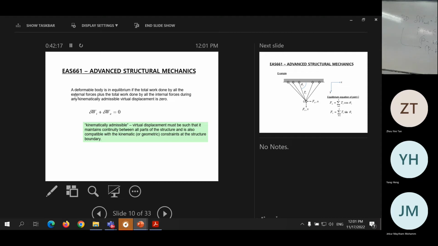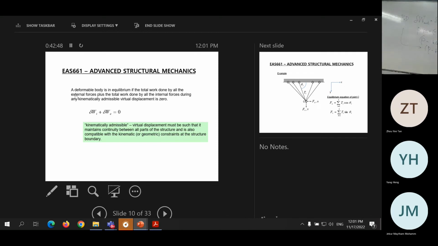These terms will appear again when we apply the principle of minimum potential energy together with the Rayleigh-Ritz method to solve problems. So we will come back to these terms again. But since it appears here, understand that kinematically admissible means the virtual displacement that we apply must make sure that the whole body stays in one piece and the geometric boundary condition is satisfied.